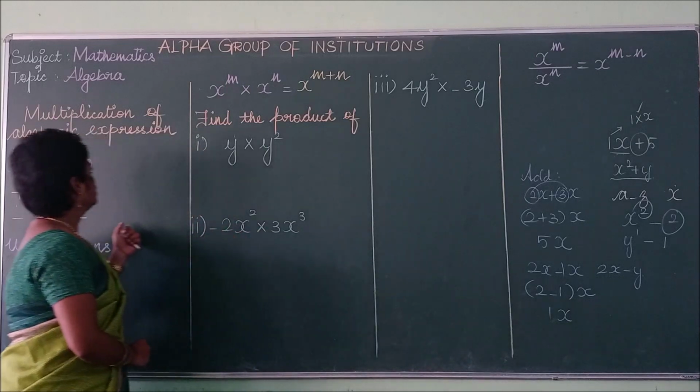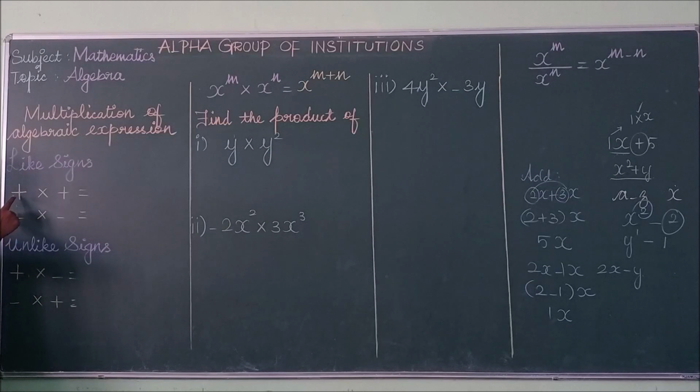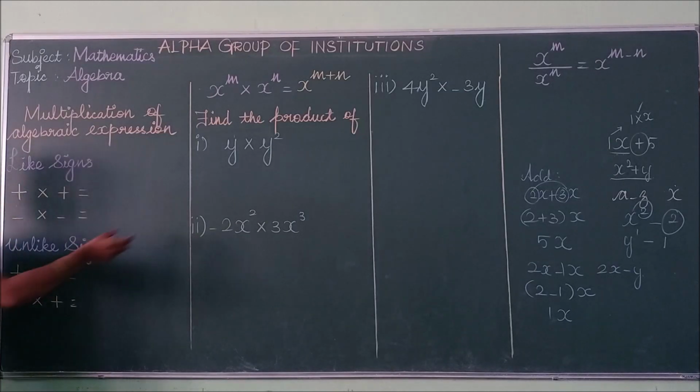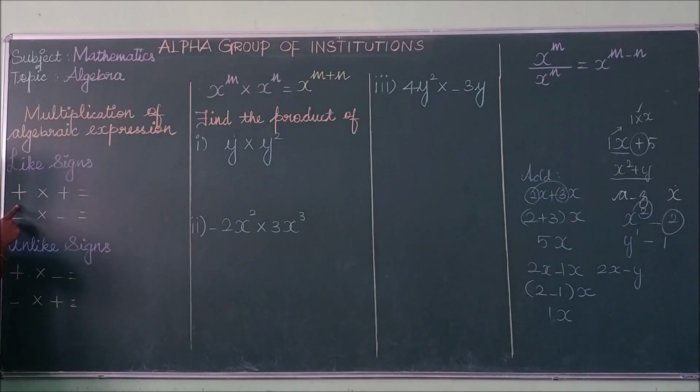So come and listen here. Multiplication of algebraic expressions using two divisions. One is like signs, another one is unlike signs. So listen carefully. The signs before the terms, you must keep in mind. Plus into plus. What is plus into plus? This is also already learned in the integers topic. Multiplication of integers we have learned, no?